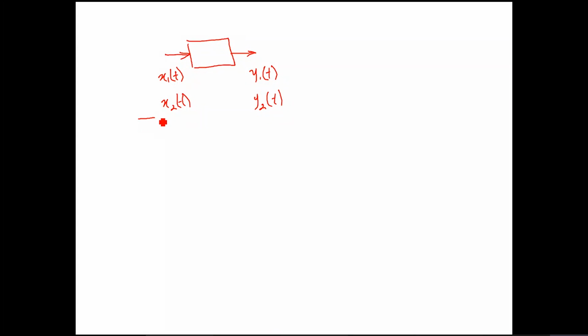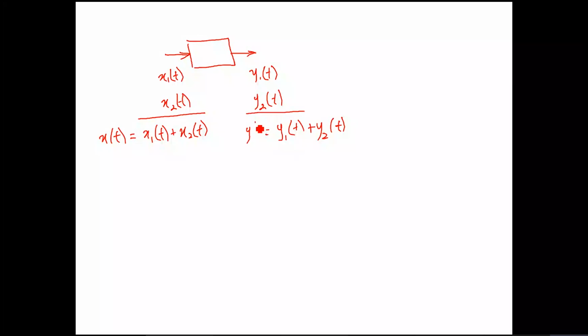Then, as per our definition of the additive property, x1(t) plus x2(t) given as an input should give us, if this was x(t), the input, the output should be just the sum of these two, y1(t) plus y2(t). We should be getting this type of thing, y(t) should be this.